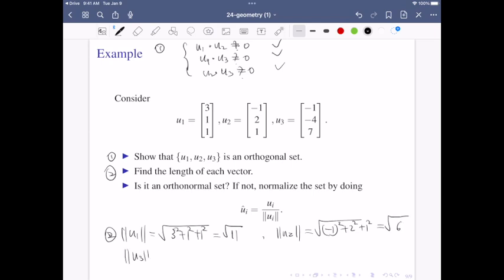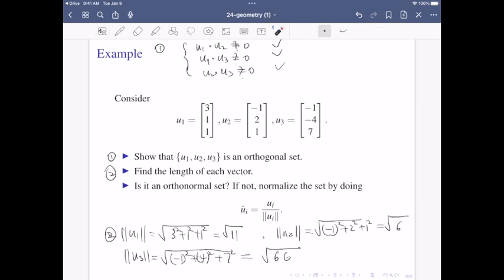And U3 is -1 squared plus 4 squared plus 7 squared, which is the square root of 66.